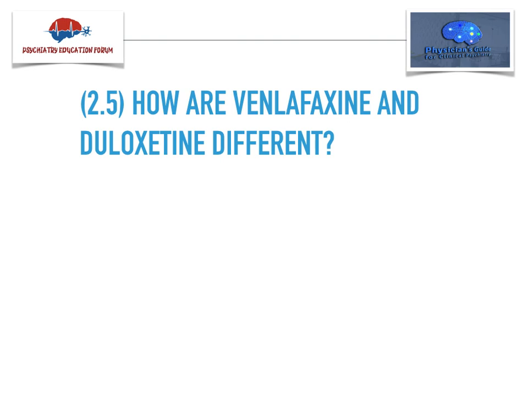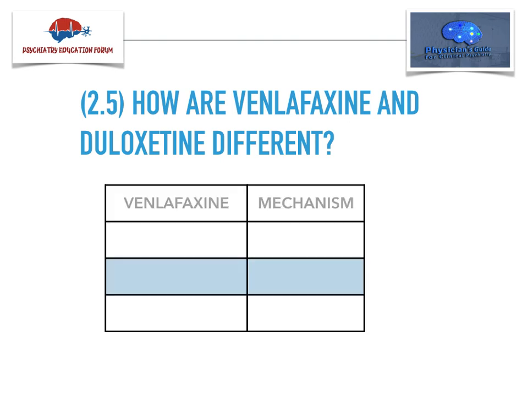Very important topic, because venlafaxine mechanism changes as you increase the dosage. What does that mean? Well, when you start at 75 milligram or less than that, it acts like an SSRI. So it only blocks the serotonin reuptake transporter.